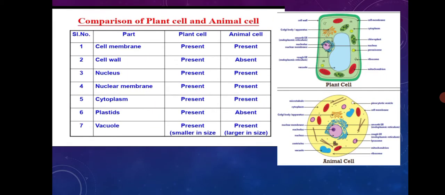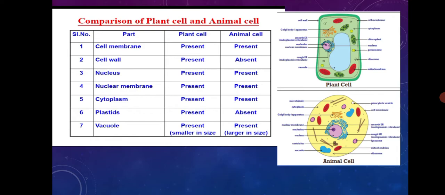Here, students, I already explained the difference between the animal cell and plant cell. Here you can see that the cell membrane is present in both the animal cell and plant cell. Cell wall is only present in the plant cell, absent in the animal cell. Nucleus, both are present in the animal cell and plant cell. Nuclear membrane also present in both.